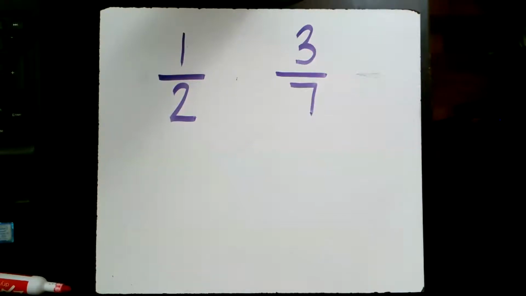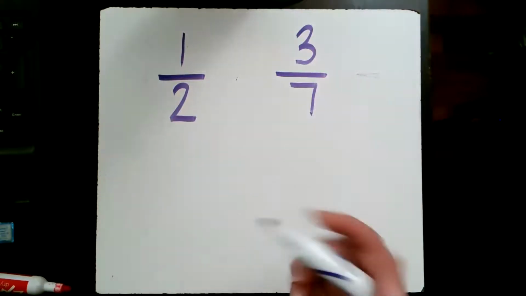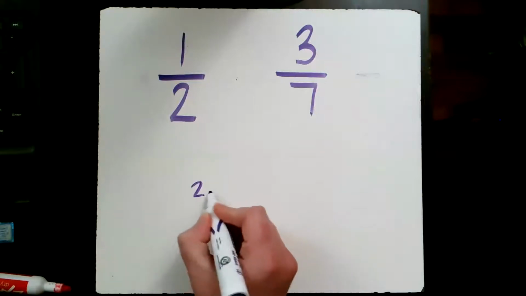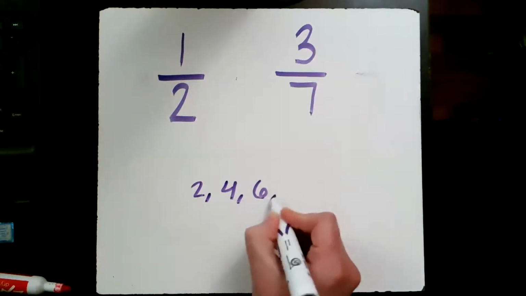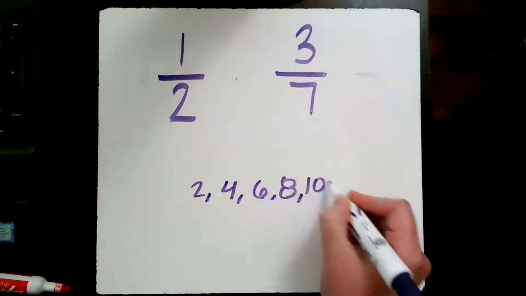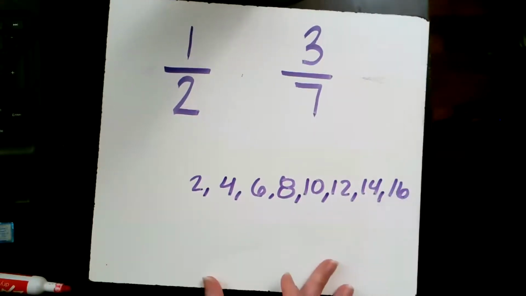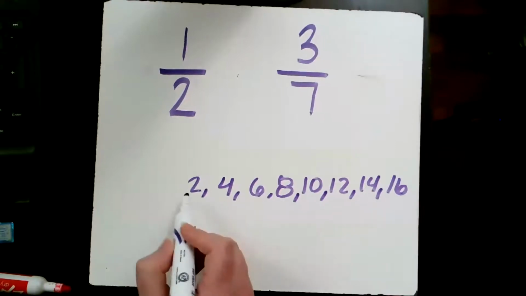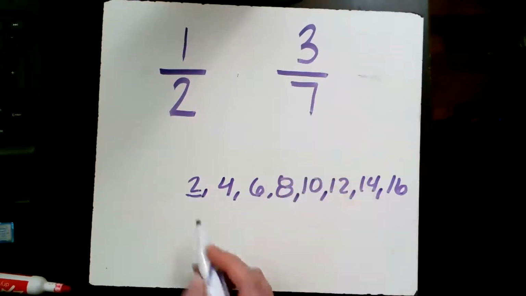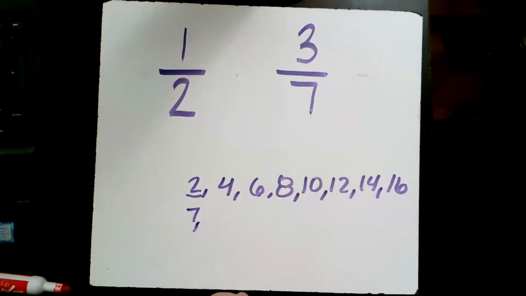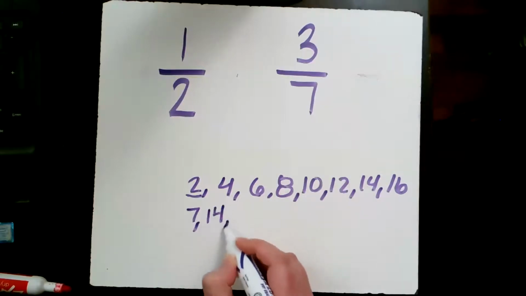So to figure that out, I'm going to start off with my multiples of 2. I'm just going to list them out. 2, 4, 6, 8, 10, 12, 14, 16. I'll stop right now. All right, got my multiples of 2. Now I'm going to write my multiples of 7. 7, 14.